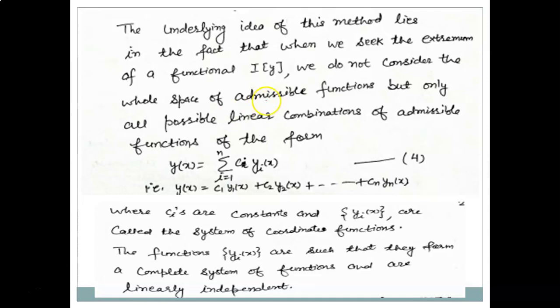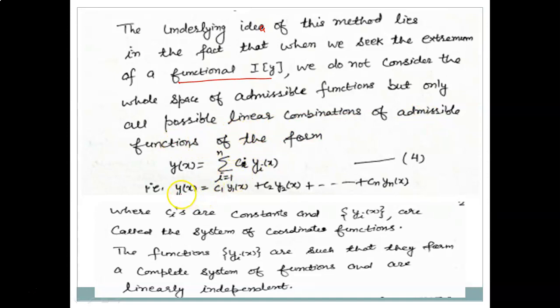The underlying idea in this method is that we seek the extremum of the functional I(y), and we do not consider the whole space of admissible functions, but only all possible linear combinations of admissible functions of this form.